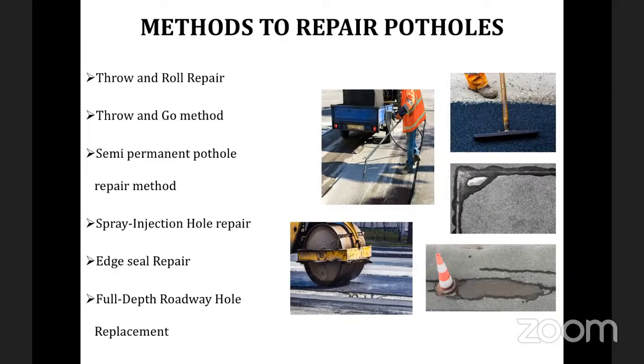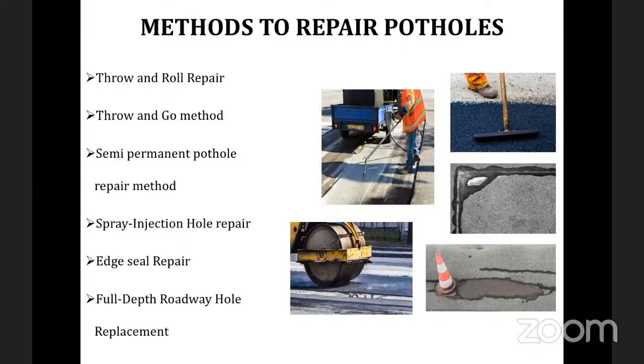Next is the semi-permanent pothole repair method. In this method, first the pothole patch sides are squared up. First they will square it. In this figure you can see they will square it up, until a vertical side exists. Then the material will be put, and they will make a square patch.